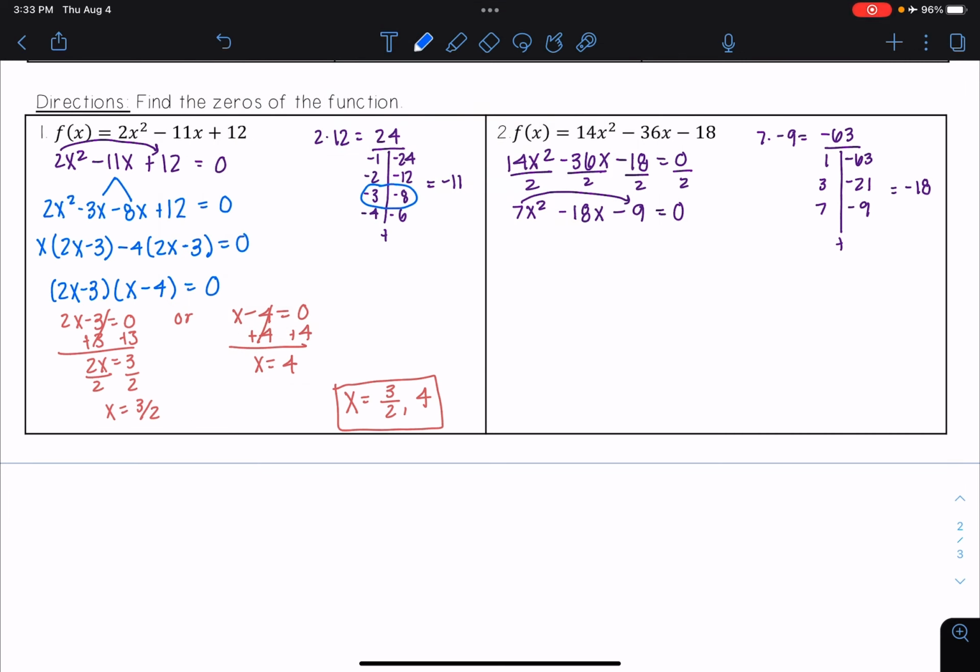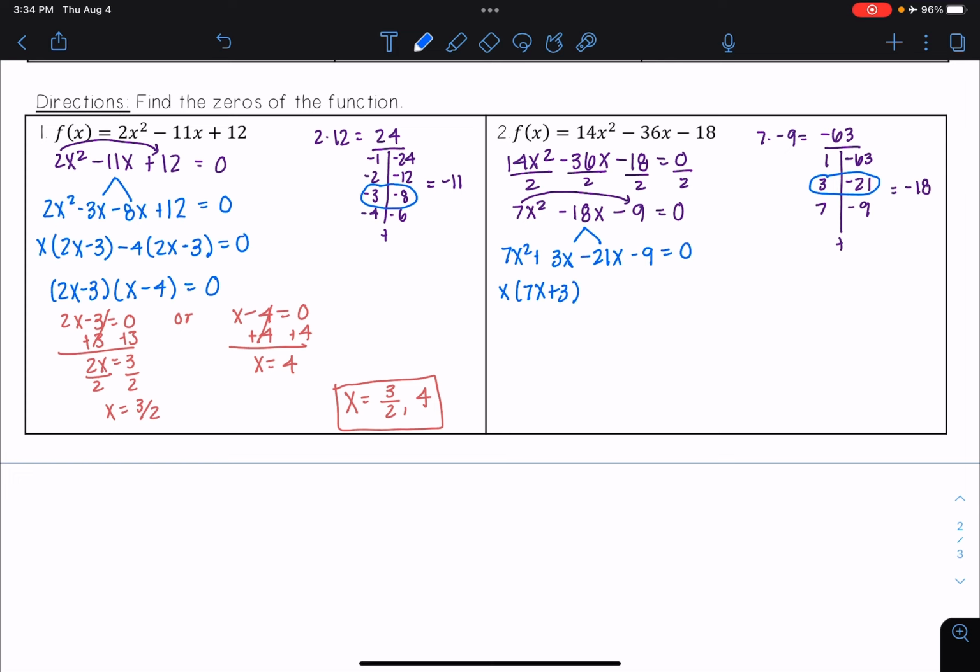So looking at those pairings, I see 3 and negative 21 add to negative 18. So I'm going to split apart that negative 18x to be 3x minus 21x, and then bring down my first and last term. And then factoring this by grouping, I see my GCF in my first pair is x, so I'm going to factor out the x, and I'm left with 7x plus 3.